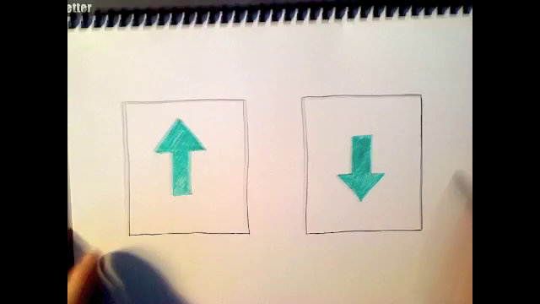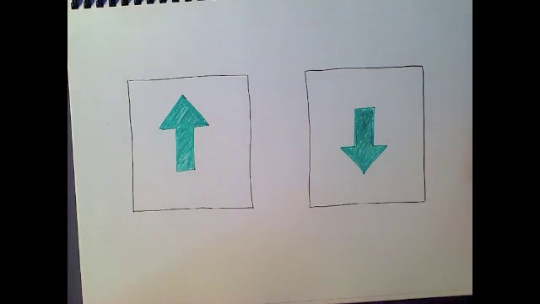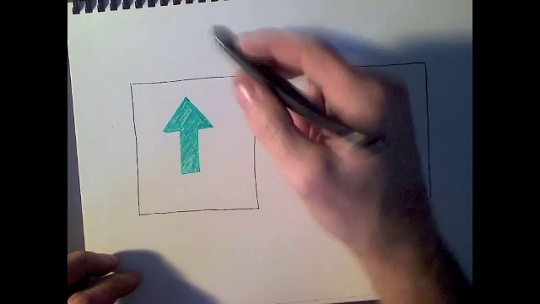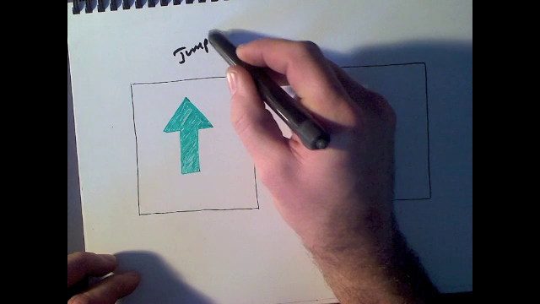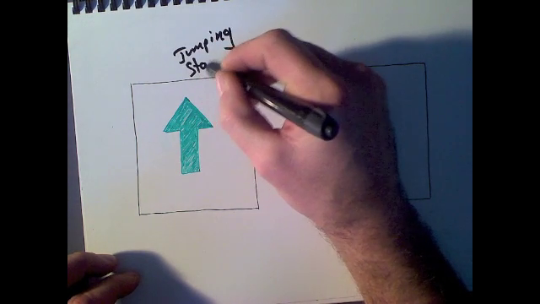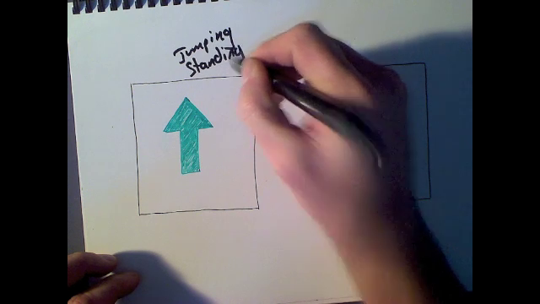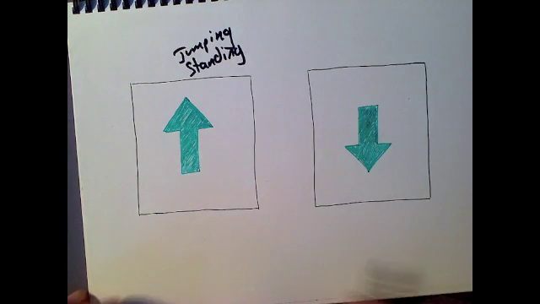We shall start with movement up and down the screen. So this might be somebody jumping or standing. This is anything in which movement goes towards the top of the screen.